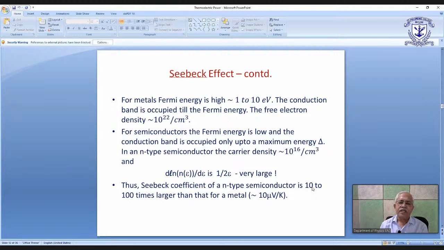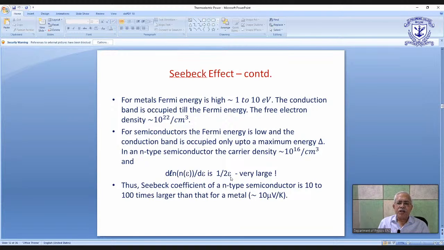Now one can show that this factor d by d epsilon of ln of n of epsilon is something like 1 upon 2 epsilon. And as I just mentioned, epsilon for a semiconductor is quite small.